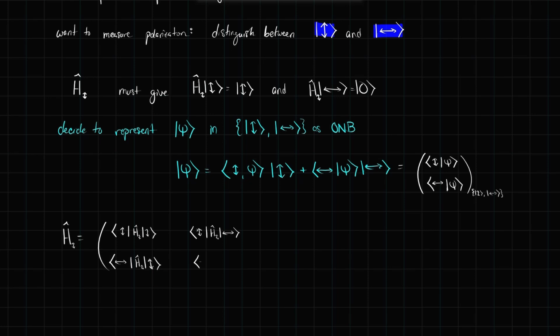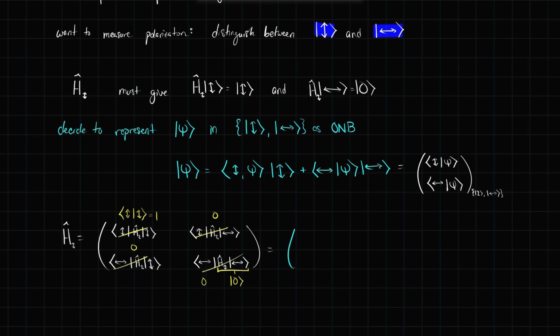And you have left-right against H hat, left-right. But we know what these values are. This is the inner product of up-down against up-down, but everything's an orthonormal basis here, so this has to be 1. The rest of them, because we're looking at inner products against other objects, we get 0 and 0, and because H hat sends left-right to the 0 vector, this term also has to be 0.